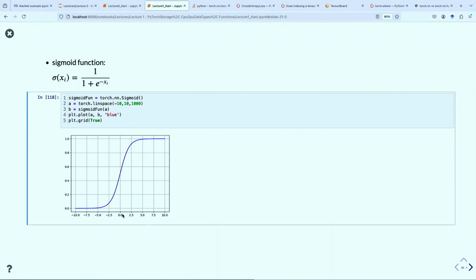For instance, we might want 0.5 probability at 5 instead of 0. We could also maybe want to stretch out the sigmoid so that it doesn't rise quite as rapidly as in this standard form.